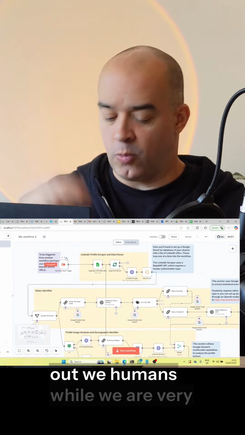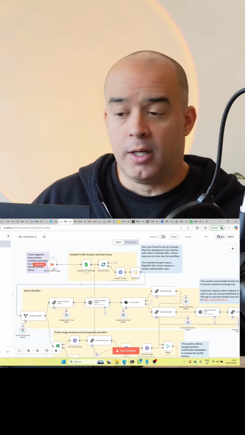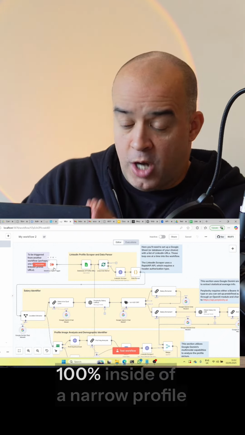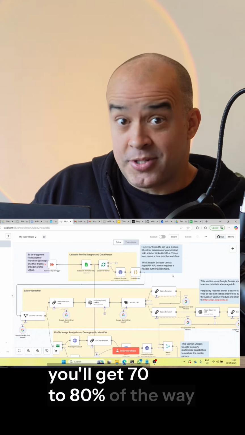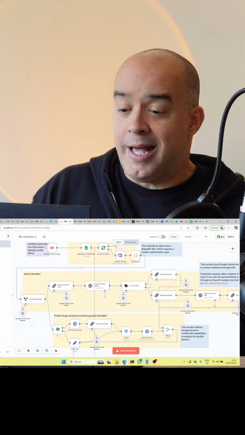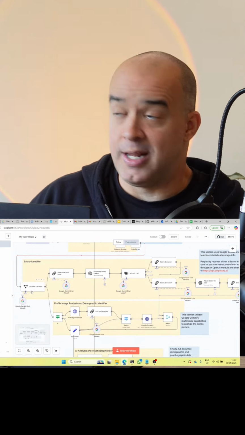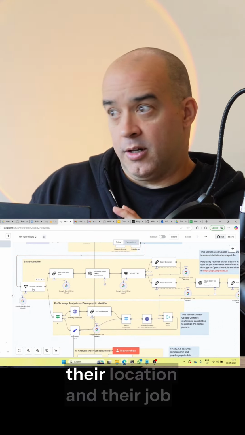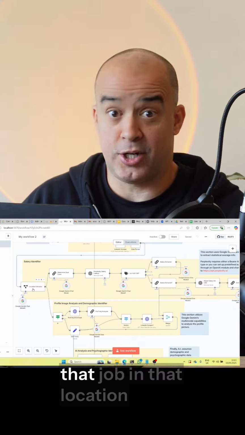It turns out we humans, while we are very unique individually, in mass, we're not that different. No one person will ever fit 100% inside of a narrow profile, but you'll get 70 to 80% of the way there because there's a ton of overlap. That's what we're looking at. So what this bot does is it takes the profile information and looks for their location and their job, and it finds the average salary for that job in that location.